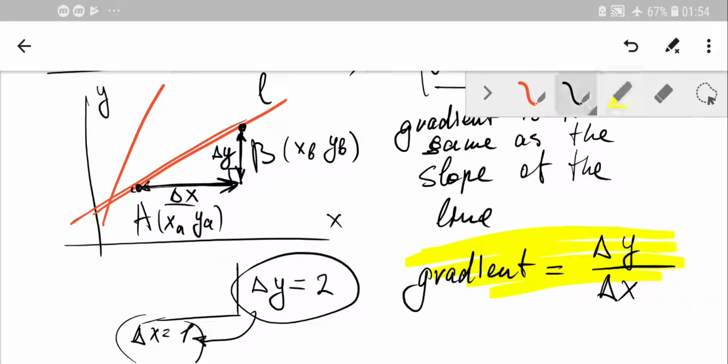And indeed, for example, let's say we have this one segment, and let's compare it with another segment that's less steep.